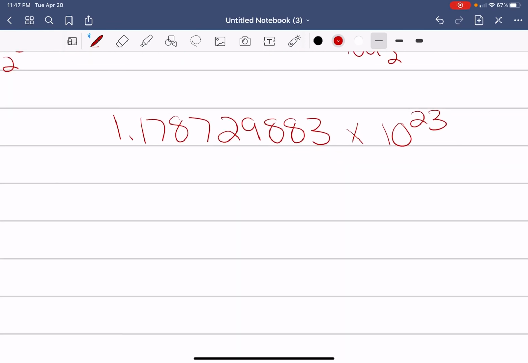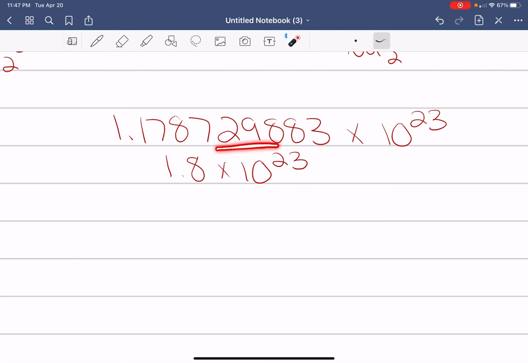So it would be 1.8 times 10 to the 23rd, because when you round, you want to look at the next number, because it's always 5 and up to round your number up.